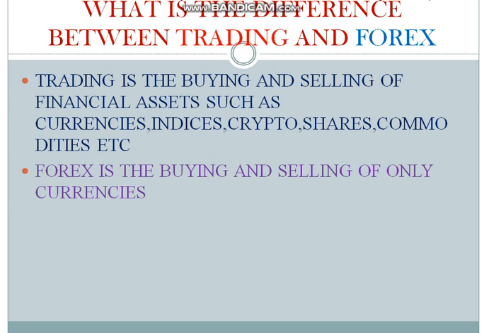In other words, when you buy and sell just currencies, you are actually trading Forex. But if you're buying and selling indices, cryptos, shares, you're not trading Forex, but you're still in the trading industry. Let's continue now.